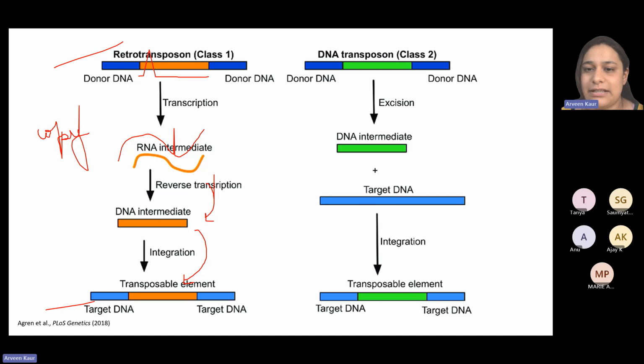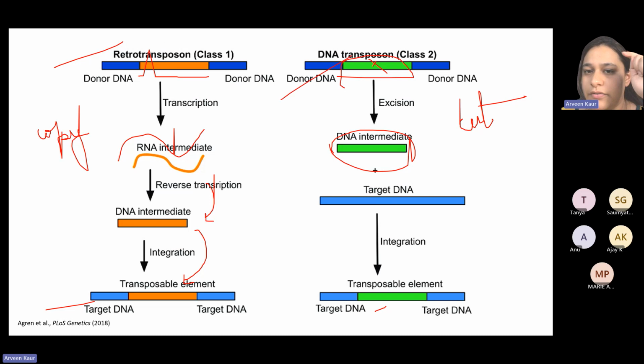It formed copies, right? While in this particular DNA transposon, what happens? It is a cut and paste mechanism, right? So from the first place, it was cut from here. Then this excised DNA went and sat on this other target DNA. So now it just has one copy.